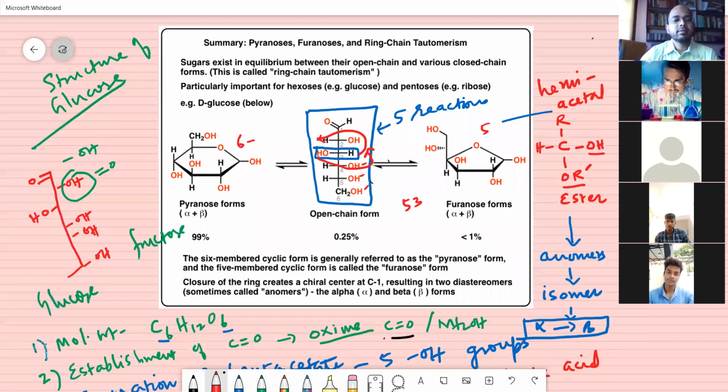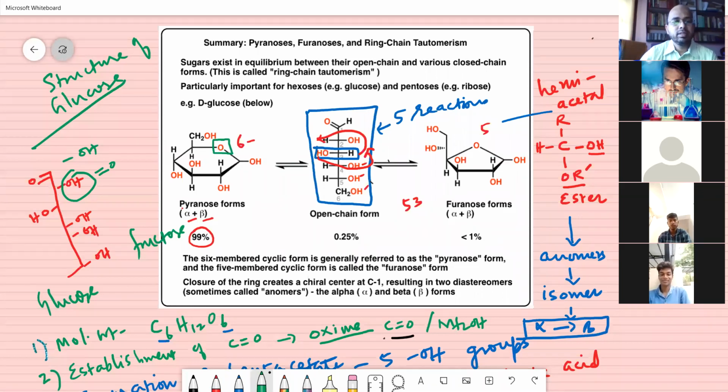Now, our concern will be how this glucose forms a 6-membered ring as well as a 5-membered ring. You can see that the 6-membered ring is about 99%, and we call it alpha plus beta. Both forms are there, and you have to draw the structure in which it exists with an oxy linkage like this. Oxygen is linked, right? So you start numbering from 1 here.